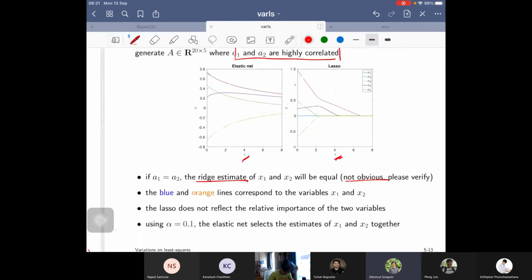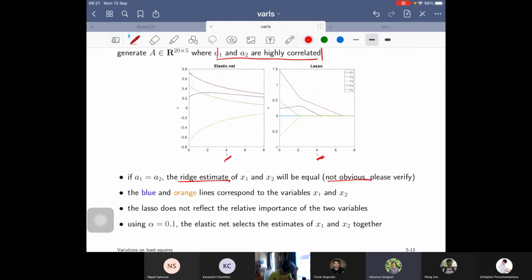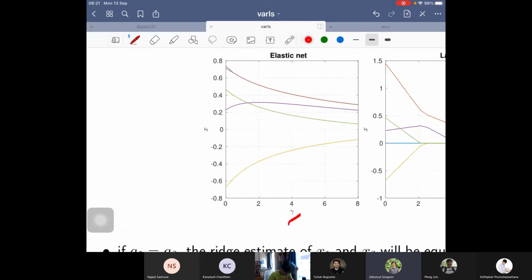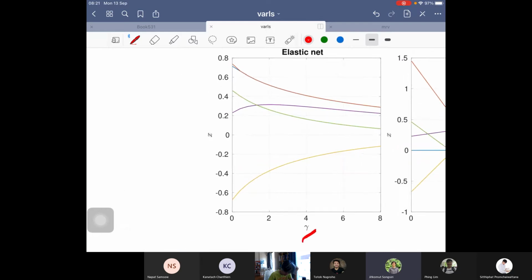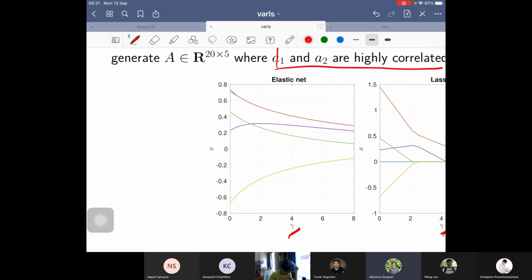The parameters X1 and X2 are labeled in this graph as the blue and the orange lines. In this slide you have X1, X2, up to X5, so you have 5 colors, 5 lines. I plot the solution path of these 5 parameters as gamma varies.